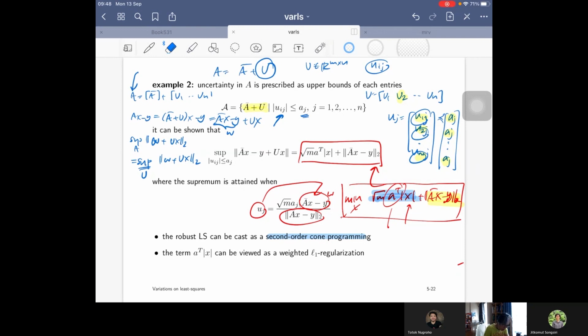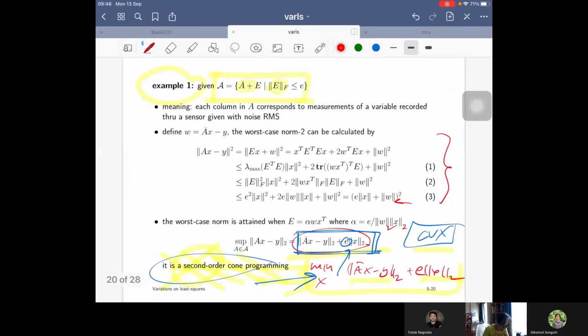This is again to show that you obtain different formulations. In the second example, you make use of the upper bound of the matrix U, the upper bound of uncertainty. In the first example, you control the size of the variation of uncertainty using the Frobenius norm.